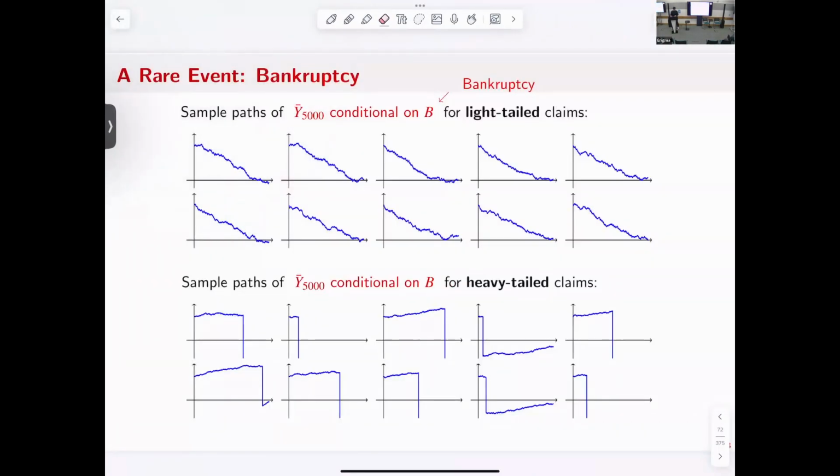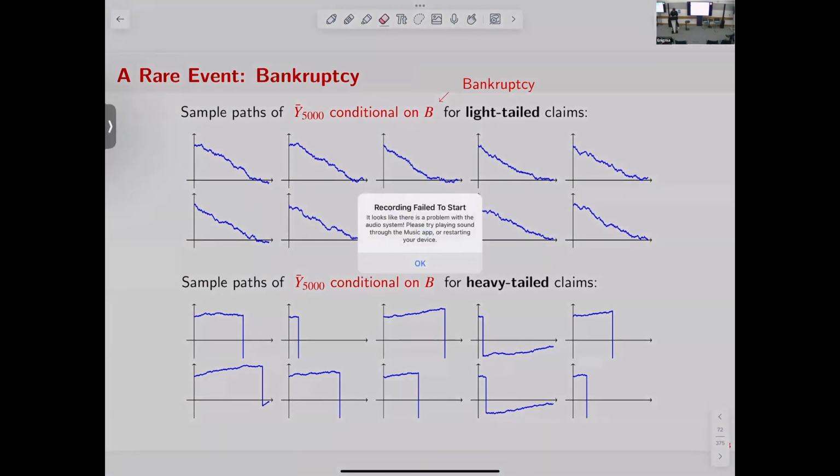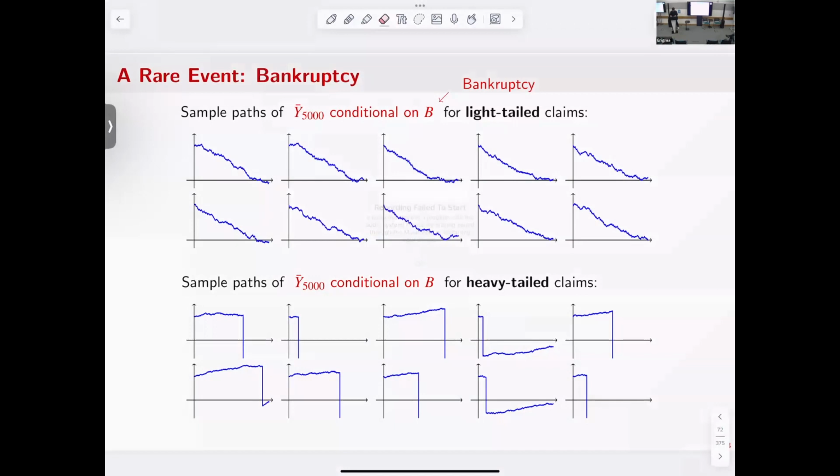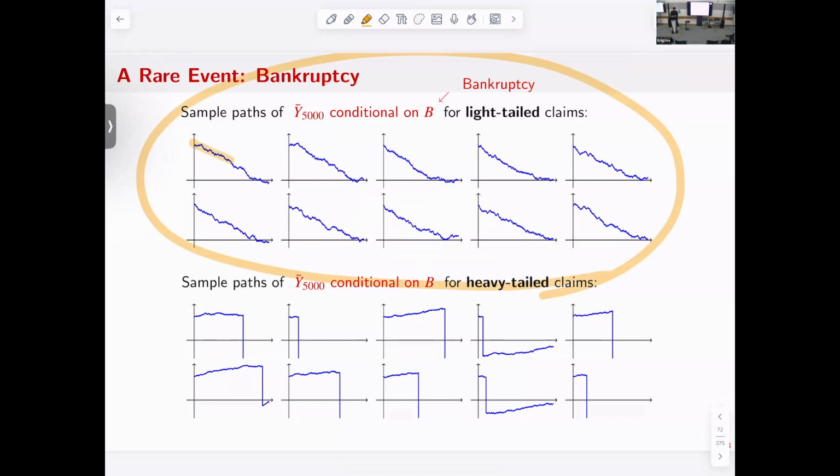This was the simulation result of the rare event that the path hits below 0, and in the light-tailed cases, it was always because of this particular scenario.